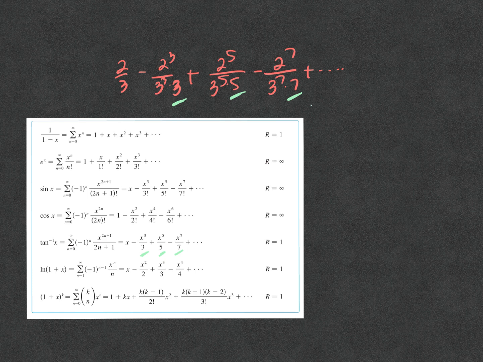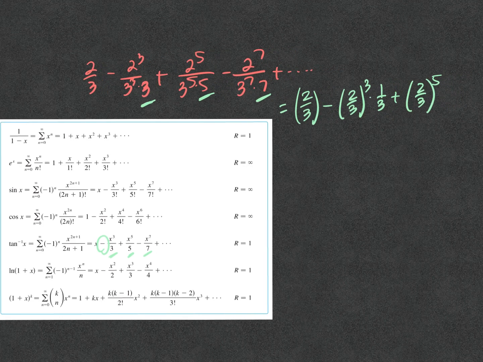So let's rewrite this to say 2/3 minus, there is a minus here, so that's a good sign, minus (2/3) to the third times 1 over 3, plus (2/3) to the fifth.